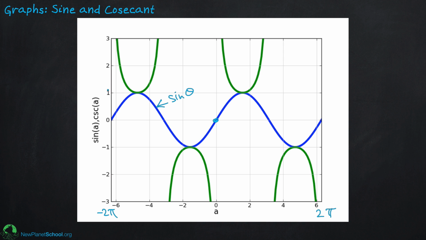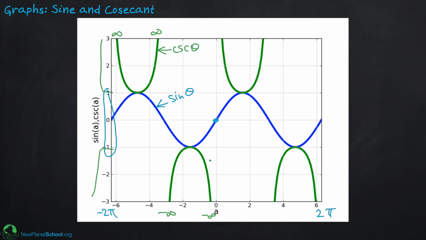It exists between minus 1 and 1, just like I said. And here is the cosecant of theta, and again it exists up here and down here, and it goes up to infinity here, and it goes down to minus infinity here. And so not very well behaved, but that's what these functions tend to look like.